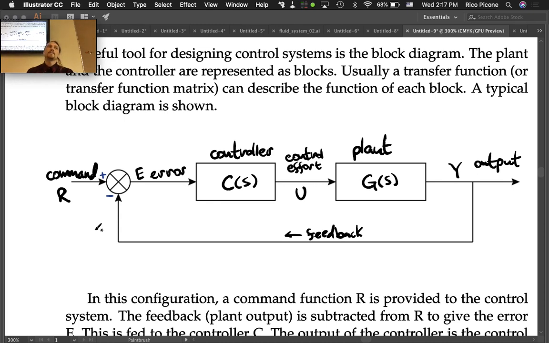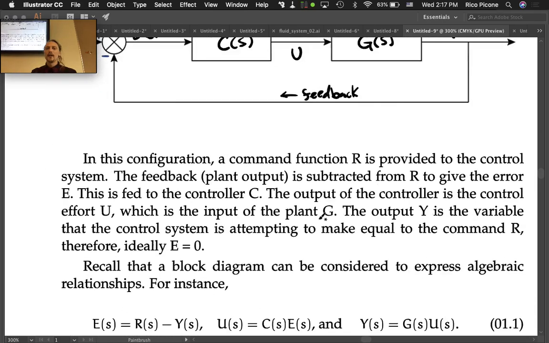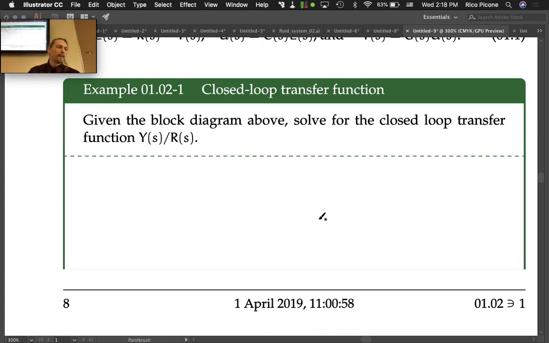Now, this transfer function can be derived from the 3 algebraic relationships defined in the block diagram. So let's go ahead and use those 3 to find out what we're working with here.